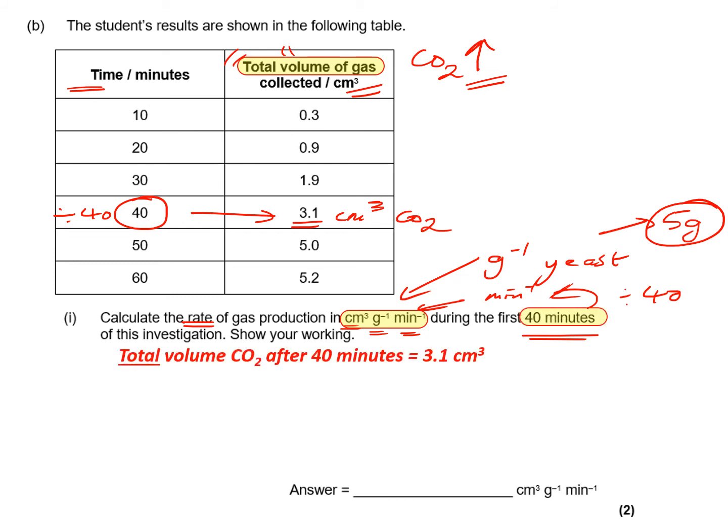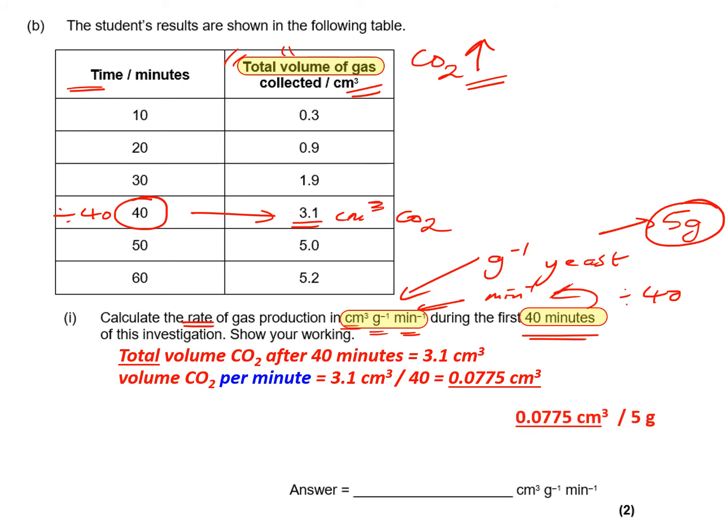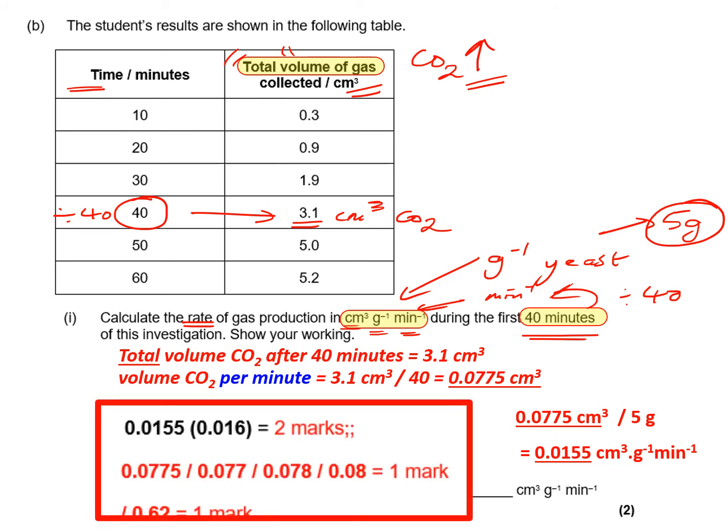So the total volume of CO2 gas collected after 40 minutes was 3.1 centimetre cubed. The volume of CO2 gas per minute, divided by 40, is 0.0775 centimetre cubed. But again, that's in 5 grams of yeast, but we need it per gram of yeast. So if you divide 0.0775 by 5, we're going to get 0.0155 centimetre cubed of CO2 gas per gram of yeast per minute.